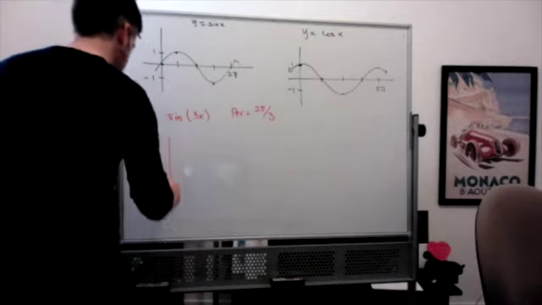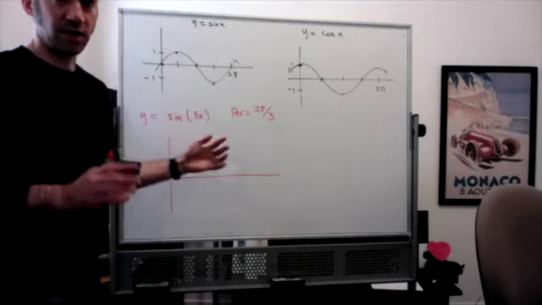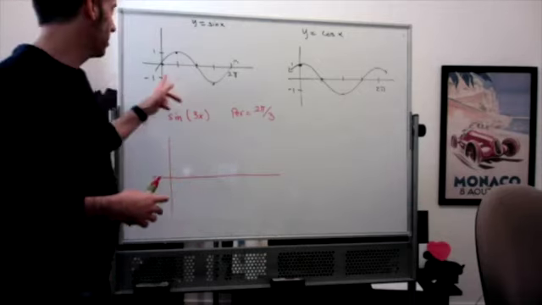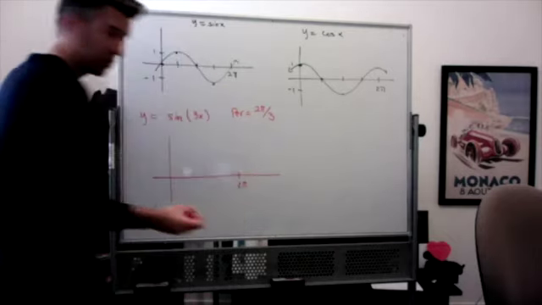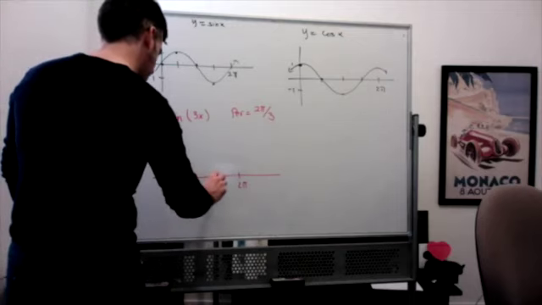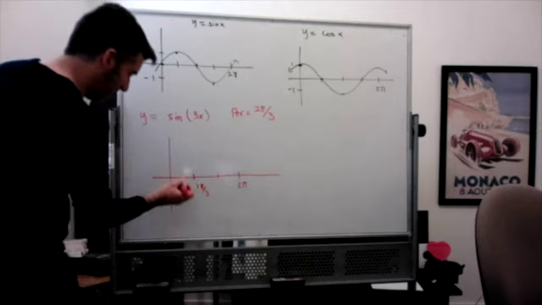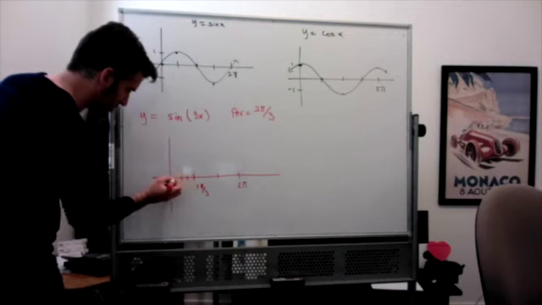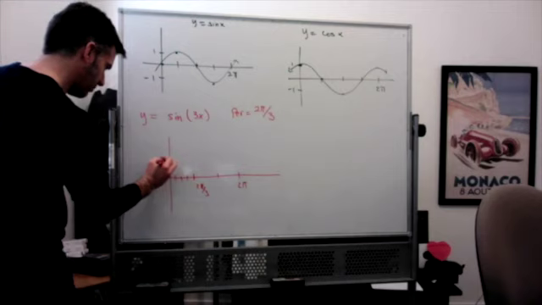So for sine 3x, the way I look at that 3 is you're going to get 3 times as many full periods in the same length. From 0 to 2 pi, you would actually get 3 full periods. So there's my 2 pi over 3, and then I'm going to break that up, so it's going to get smushed in here, into 4 equal quadrants, still with a height of 1.